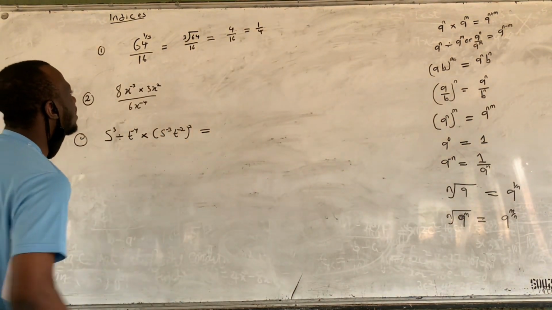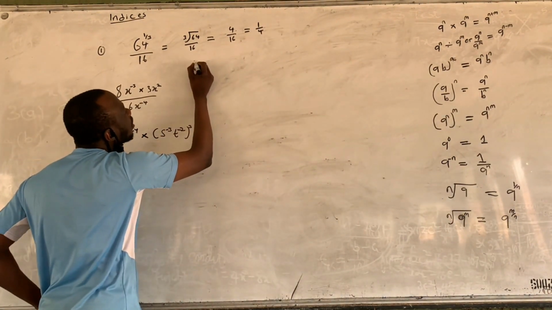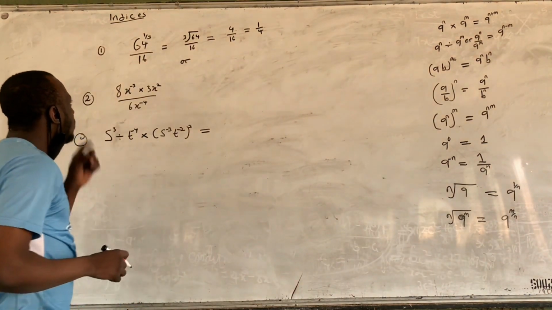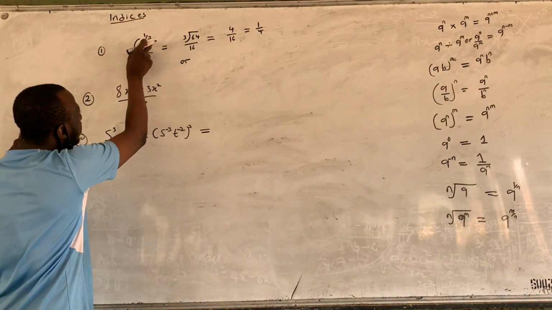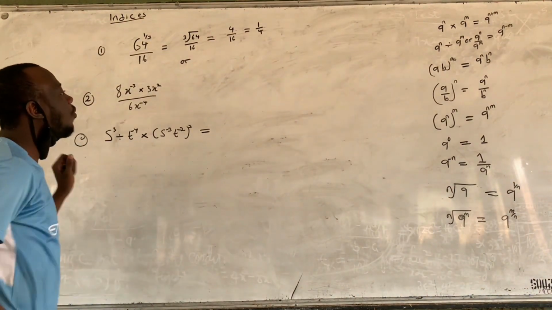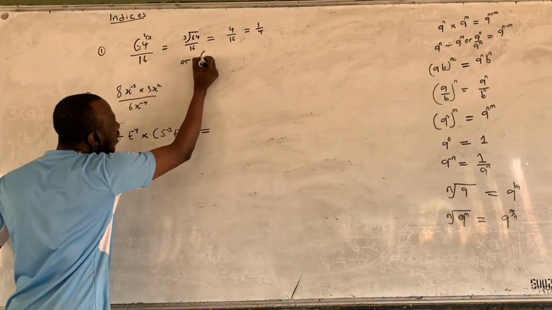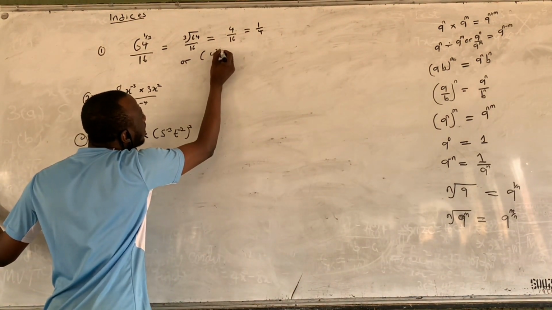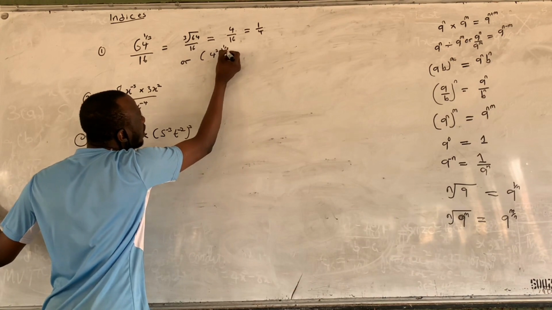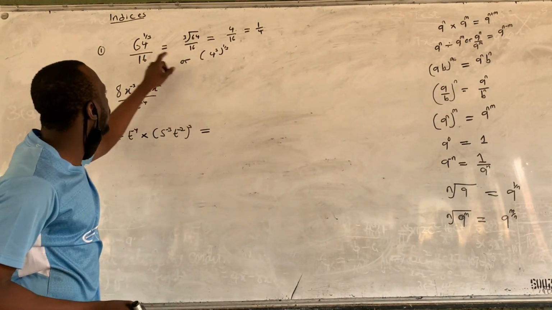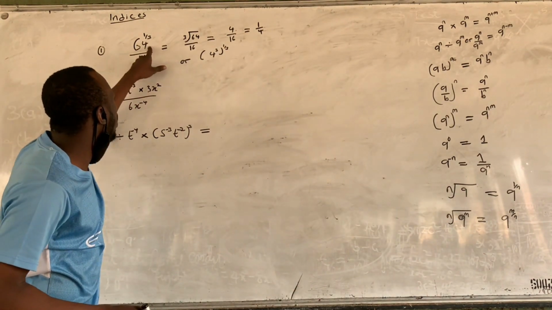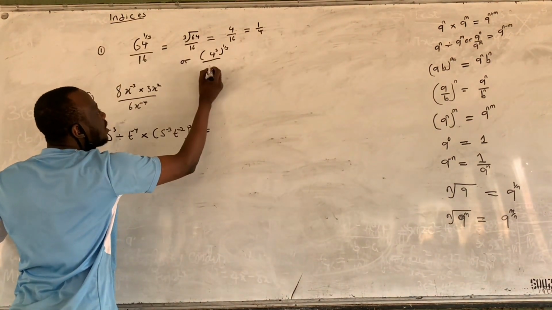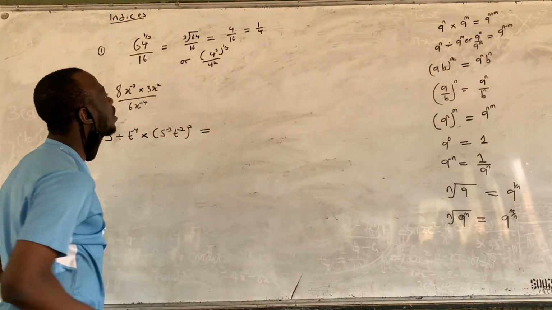Or in this case we can say that since 64 and 16 are both powers of 4, 64 is 4 to the power of 3, times 1 over 3, because 4 to the power of 3 will give us 64, all over 16, which is 4 to the power of 2.